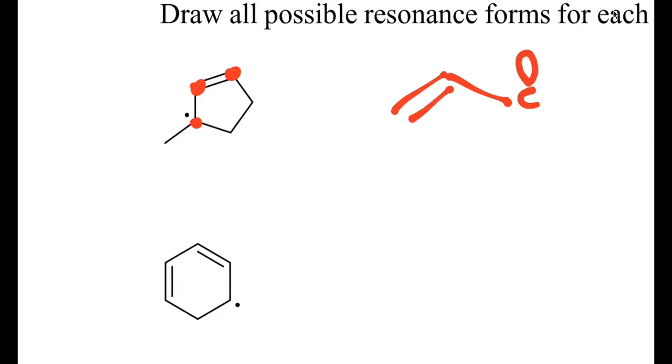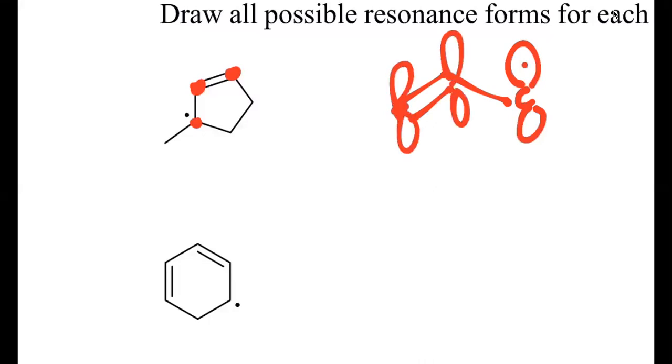If there's a radical, it's sitting in a p orbital. There's one electron in there, and then these p orbitals right here also have one electron in them, right? And so what happens is the radical, you see how the three orbitals are lined up right next to each other? That means they can talk to each other, right?